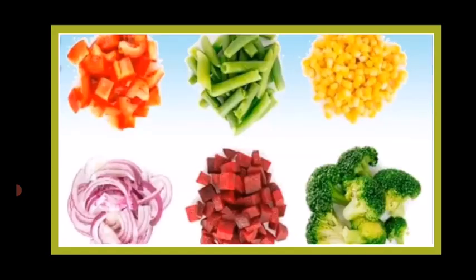But look at this picture, children. Here you can see certain kinds of food which can be eaten raw also. If someone cuts a plate of tomatoes and they put some salt on it and they give you, will you be able to eat it? Yes. And it will taste also very nice, isn't it? So you can eat corn raw, you can eat beetroot raw, you can eat onions raw. So there are certain foods that we eat every day which need not be cooked.